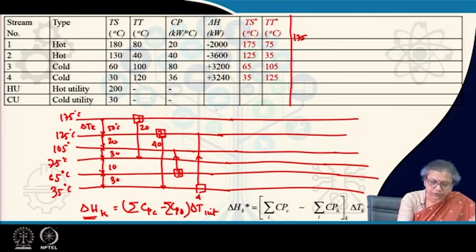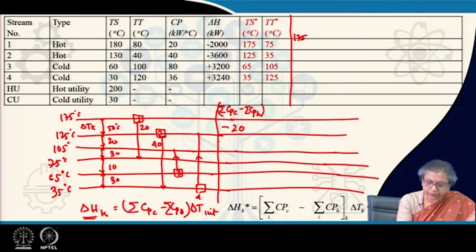So to proceed systematically, the next thing I will be doing for each interval is finding out sigma Cpc minus sigma Cph. Let us see, for this I have only a hot stream, no cold stream. For this I have two hot streams and 1 cold.